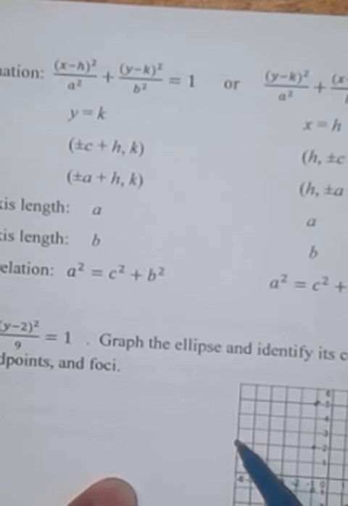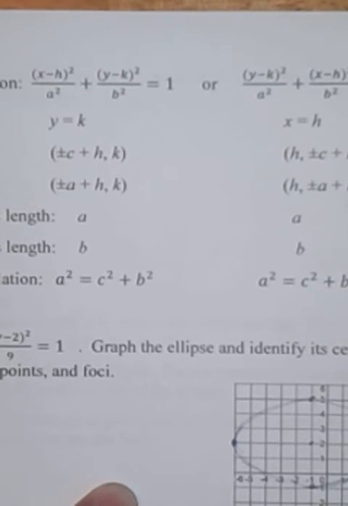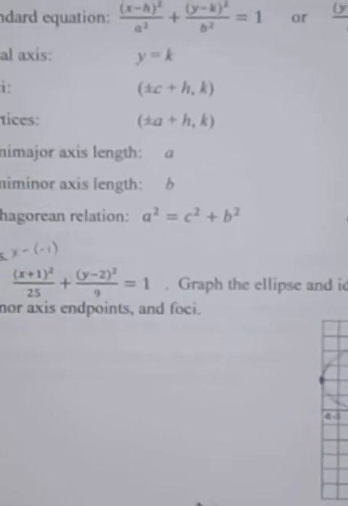There it is. I'm going to go ahead and fill in the picture. It doesn't have to be a very pretty picture, but you don't want to do a sloppy job either, right? Something like that. Like so. Okay, there's my ellipse.